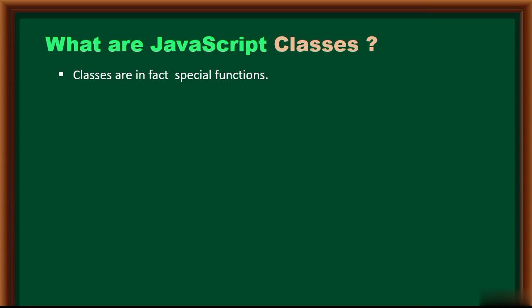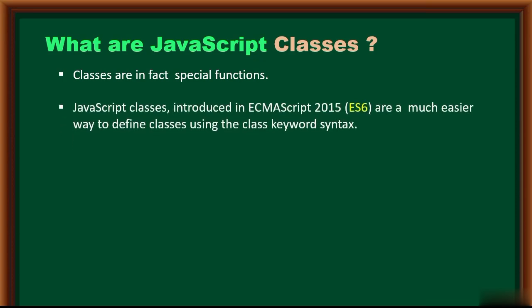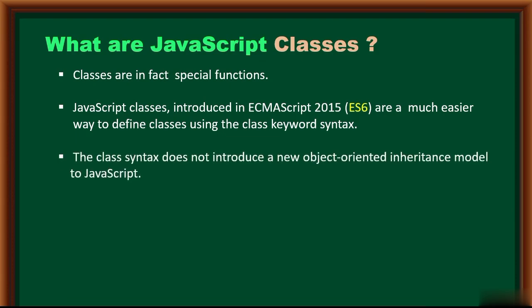They have added a syntax called class, which you use to create classes in ECMAScript 2015, which is also known as ES6. When you create classes using the class syntax, you do not introduce a new object-oriented inheritance model to JavaScript.